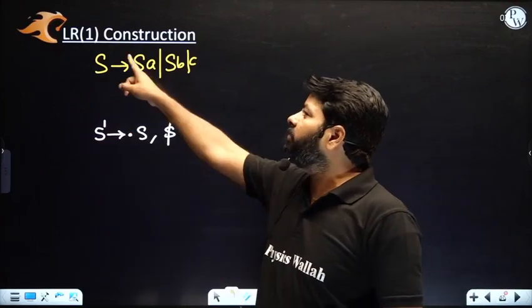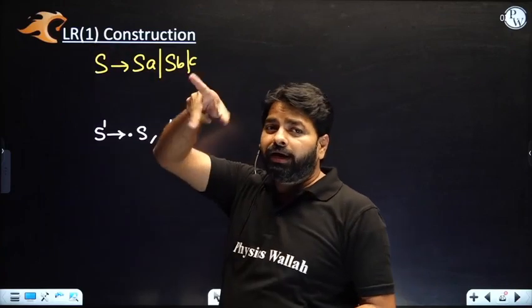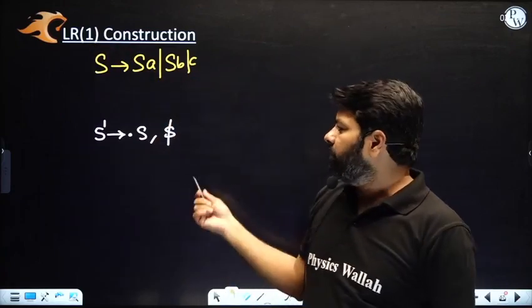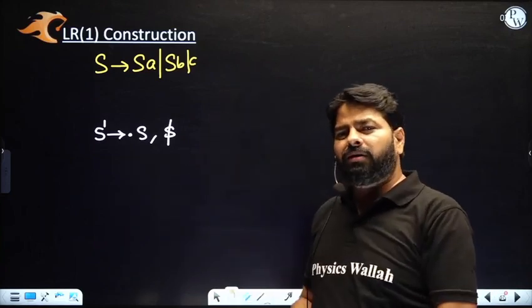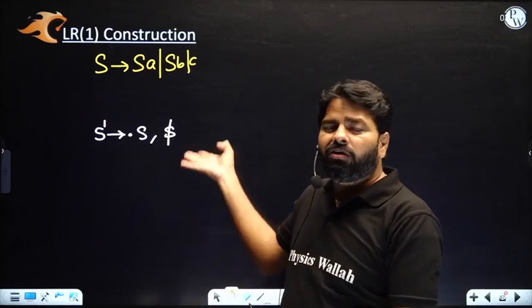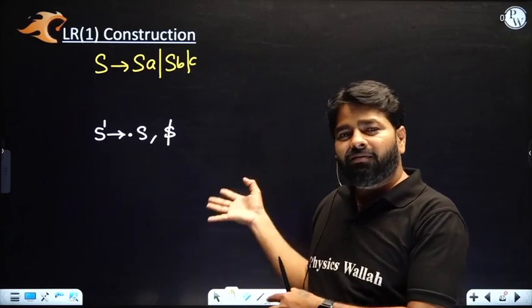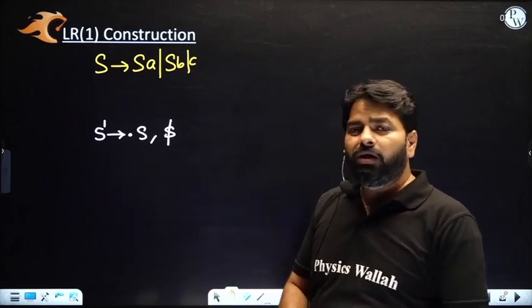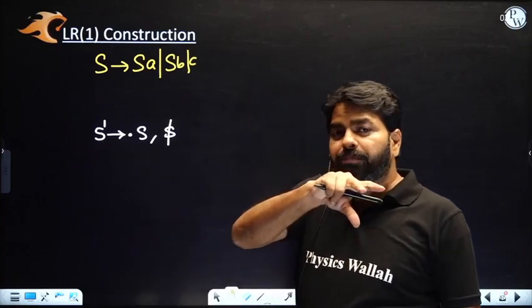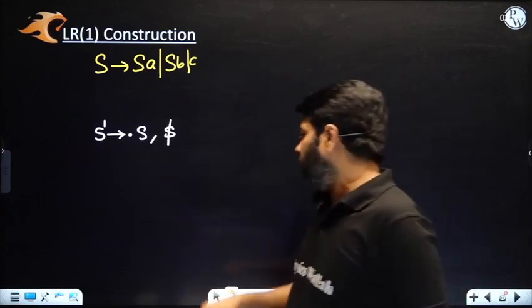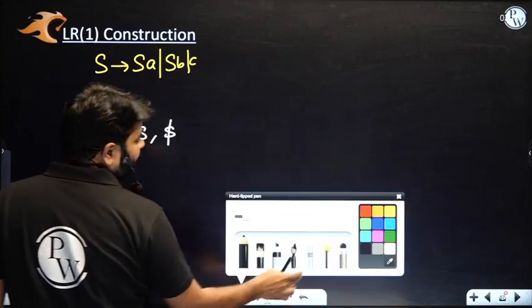That's why LR1 and LALR1 are more powerful. In SLR1 there is no need to maintain it; whenever you want, you can compute it from the grammar, otherwise you waste a lot of space in the table or diagram. This is the first item you begin with, the initial state.